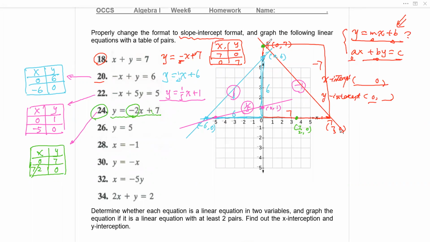All right, so we're graphing here a linear equation, right? You can see this is y equals -2x plus 7. It passes (0, 7) and (7/2, 0), the y-intercept and x-intercept, and the slope is -2.